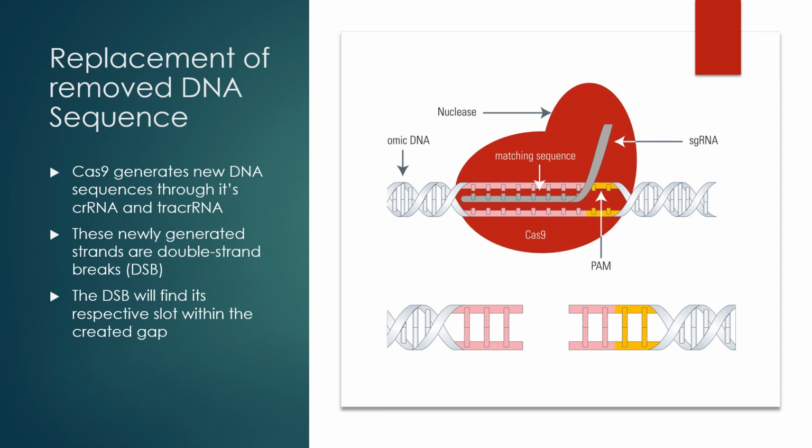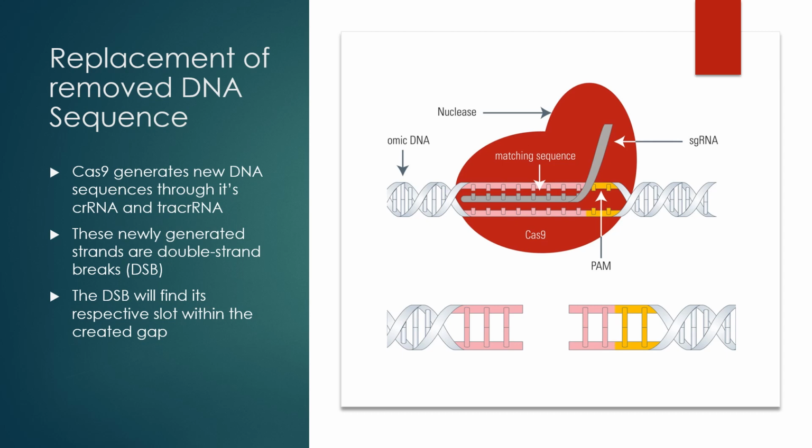All right. Now, following the removal of the DNA sequence, how does the CRISPR-Cas9 system replace the SNP DNA sequence? So, the Cas9 protein is not limited to the removal of DNA sequences. The Cas9 protein incorporates crRNA and tracrRNA, which will generate portions of DNA strands.